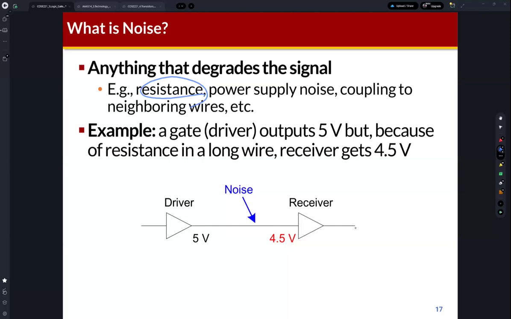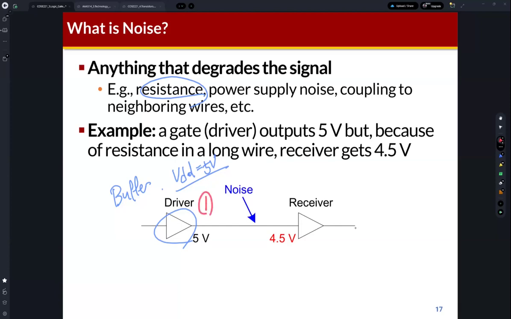And then this is an example. This is a buffer, or a driver. Let us assume that the VDD, the supply voltage, is 5 volt. Then this driver or buffer can provide the 1.